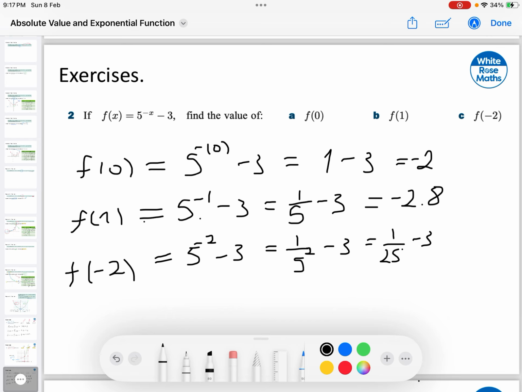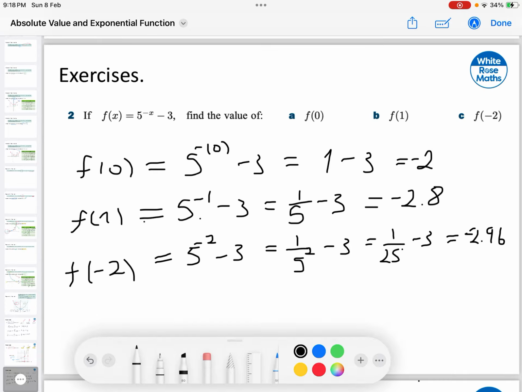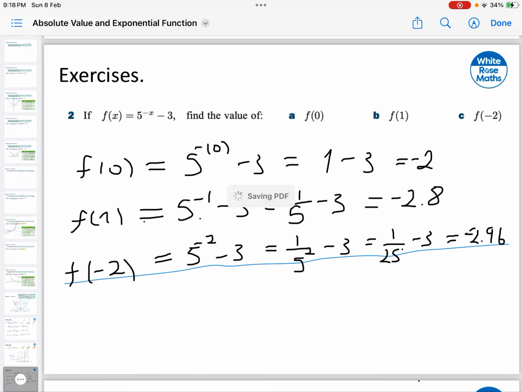That's the same as 1 over 25 minus 3. And the answer, you can find the answer directly by using your calculator. Now 1 over 25 is exactly the same as 4 over 100, so that's the same as 0.04. So 0.04 minus 3 is negative 2.96.